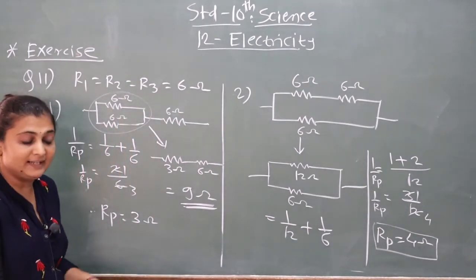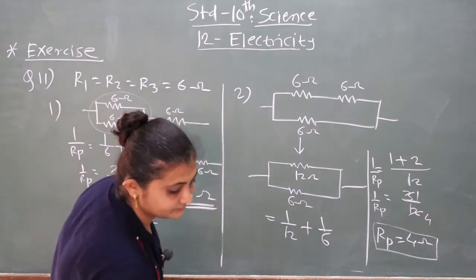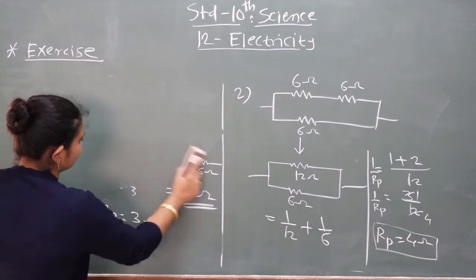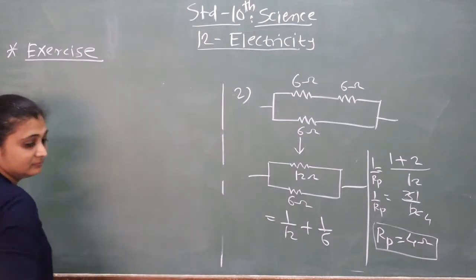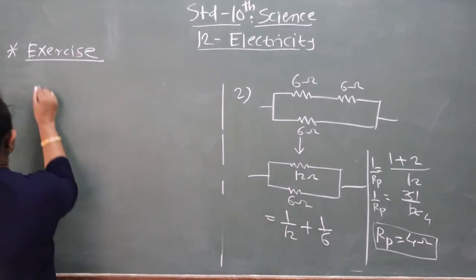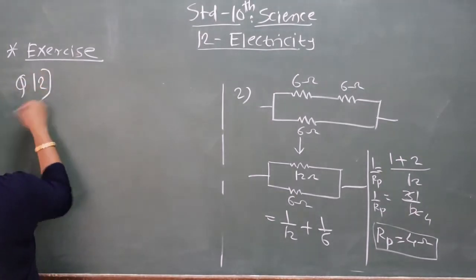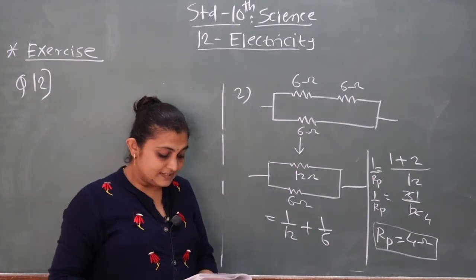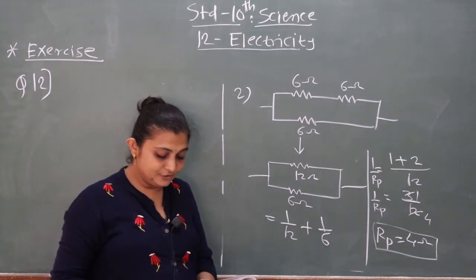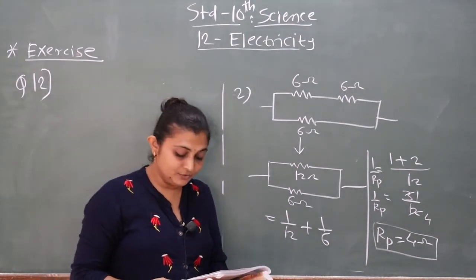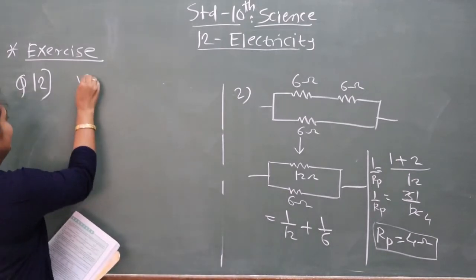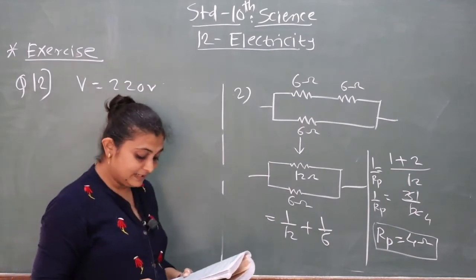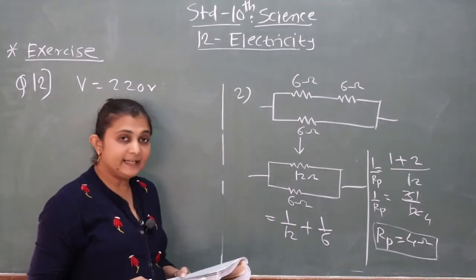Question number 12. Which are the given things in question number 12? Several electric bulbs designed to be used on a 220 volt, V is equal to 220 volt, electric supply line are rated 10 watt.